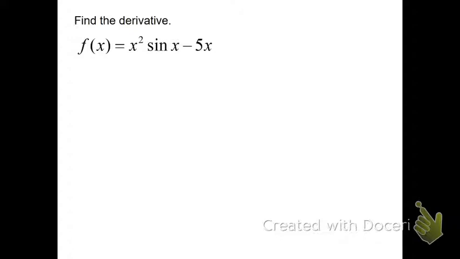I hope that you thought to yourself, this piece is a product rule, and this is just a separate term that I already know the derivative of. The derivative of that is just -5, so I'll have a -5 at the end of my answer. This piece will require a product rule. Okay? So I would like you to hit pause and try this problem on your own.